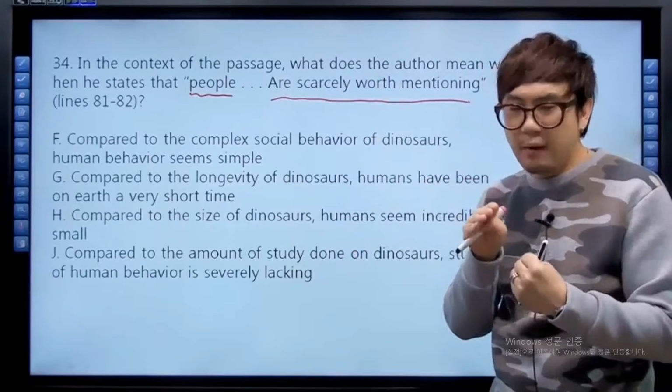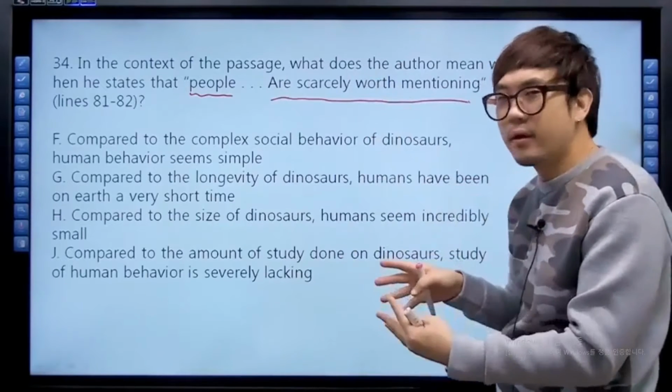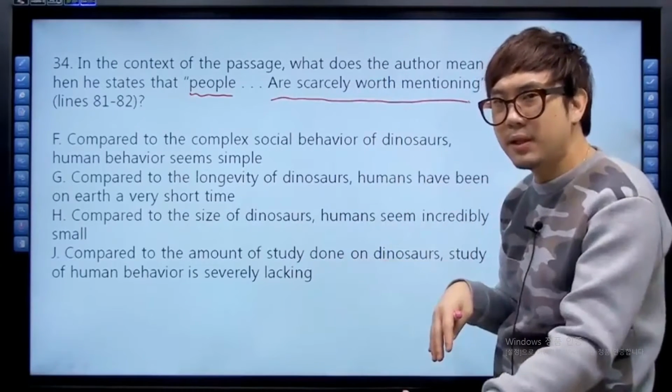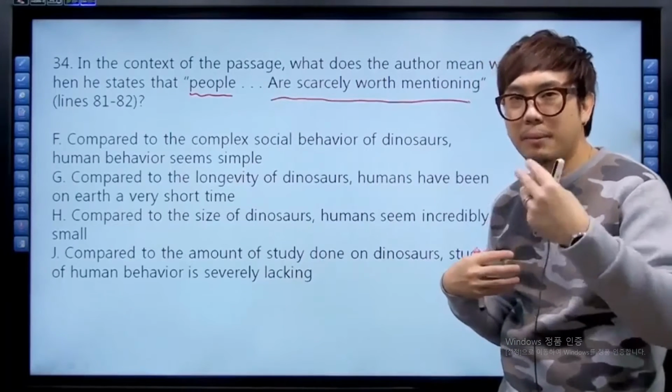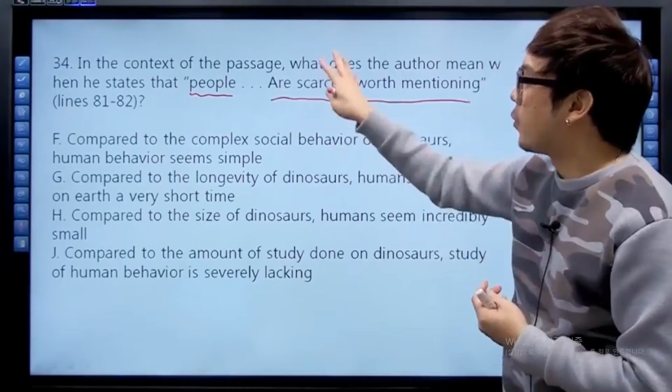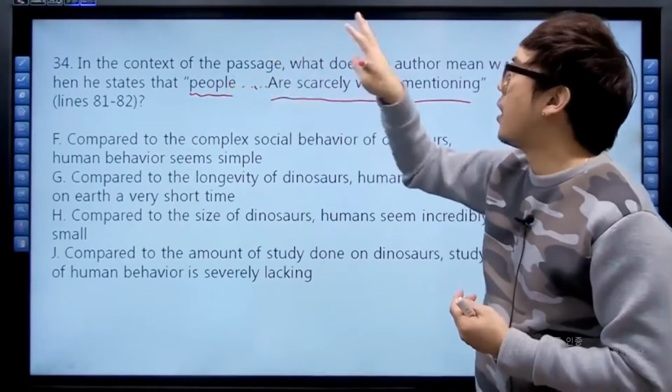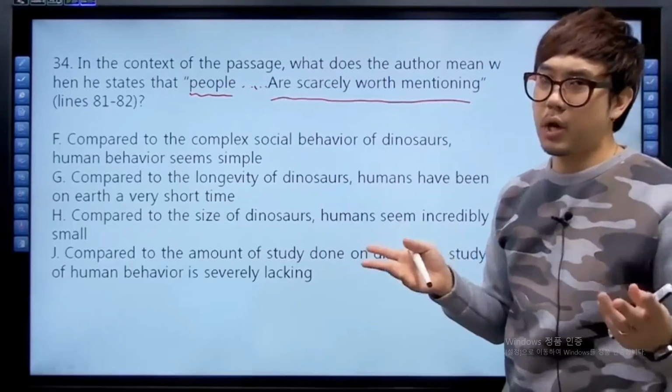And they compared that with humans, like Australopithecus, who came in about 5 million years ago, and Homo sapiens, which are us, who came about 50,000 years ago. So when you say people are scarcely worth mentioning, what are we talking about?